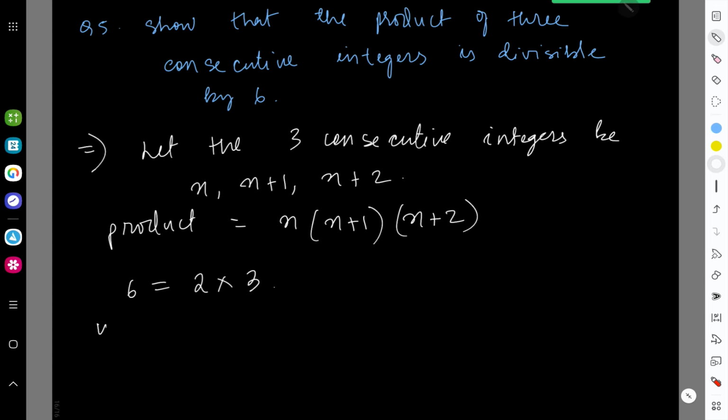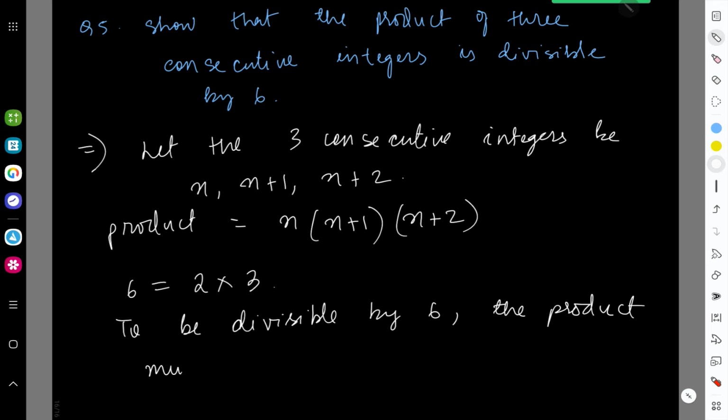That means, to be divisible by 6, the product must be divisible by both 2 and 3.